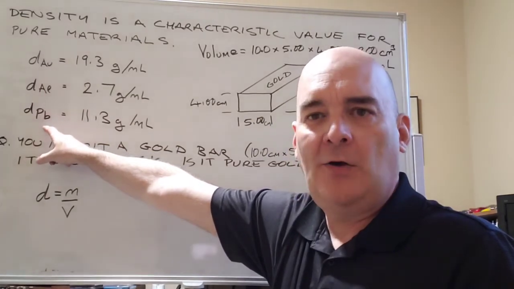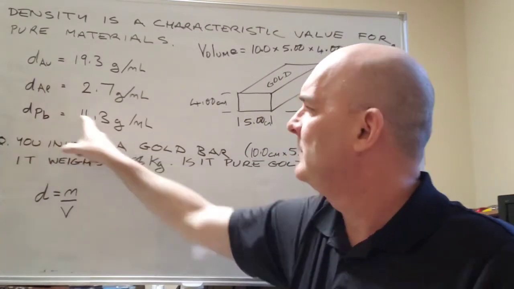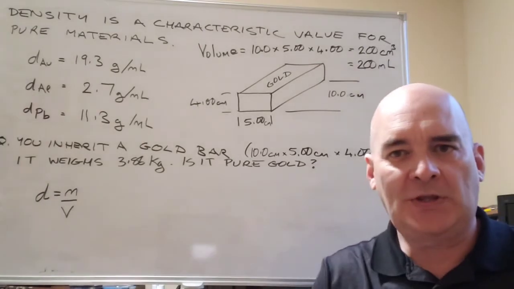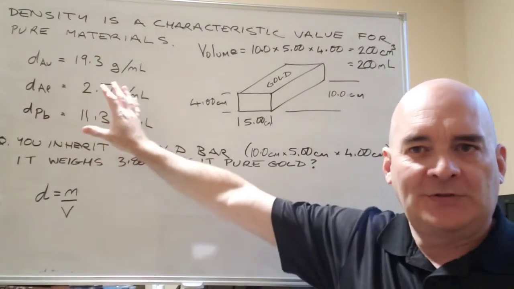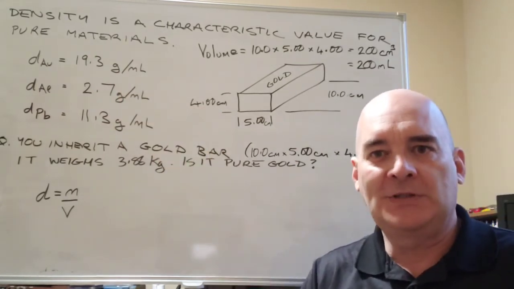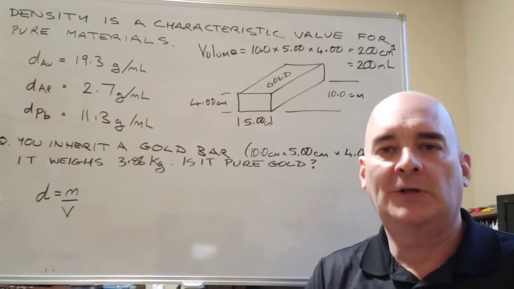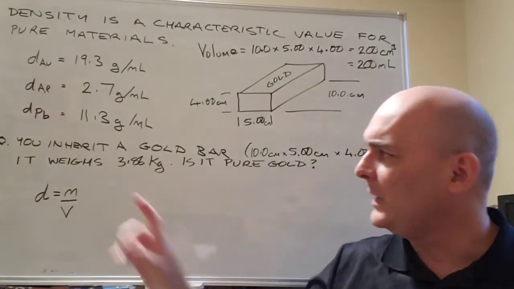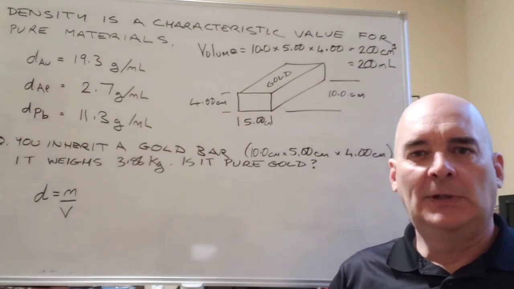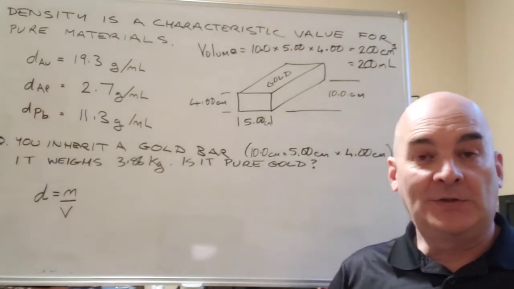And the density of lead, PB, is 11.3 grams per milliliter. So we can use this. Those numbers, they're all printed in the textbook somewhere. If it's a pure material, somebody has already recorded its density. We can use that to analyze whether things are legitimate or not.